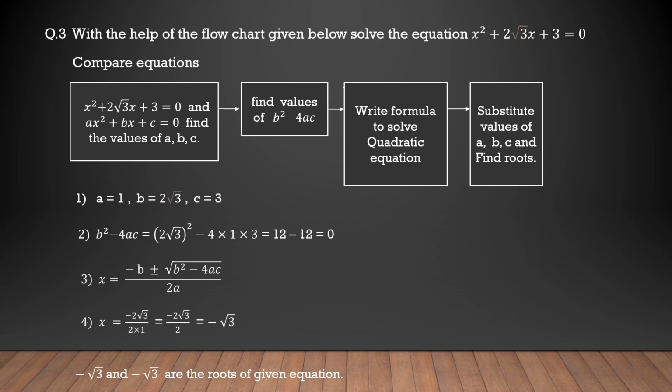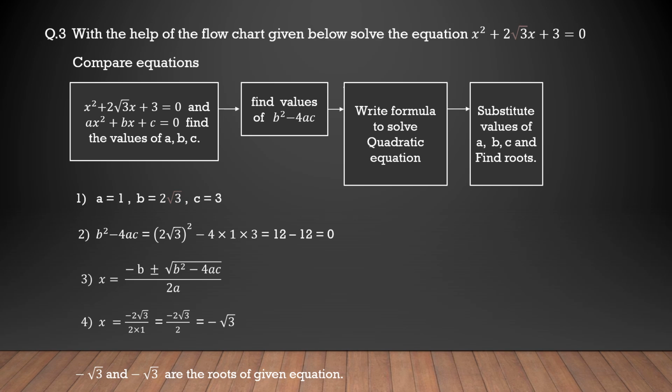Square of 2 is 4 and square of root 3 is 3. So 4 into 3 is equal to 12 and minus 4 into 1 minus 4 and minus 4 into 3 minus 12. So minus 12 minus 12 is equal to 0. So the value of b square minus 4ac is 0.